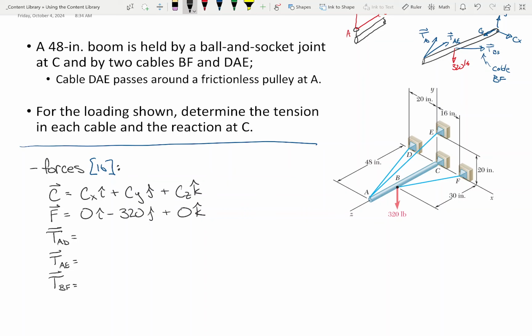Now, remind me, how do we describe a force vector in 3D? We take its magnitude times its lambda, right? So here's what I'm going to do. I'm going to say this.